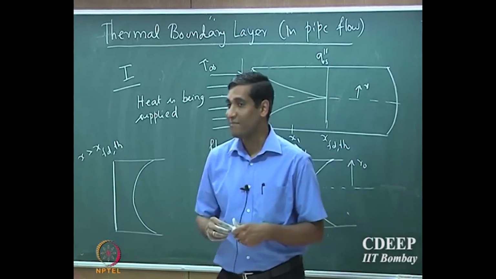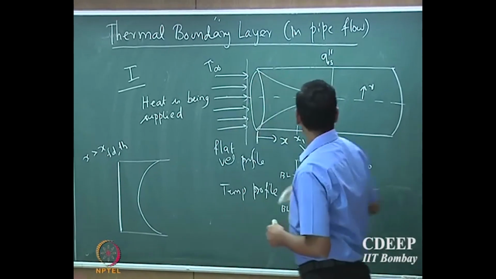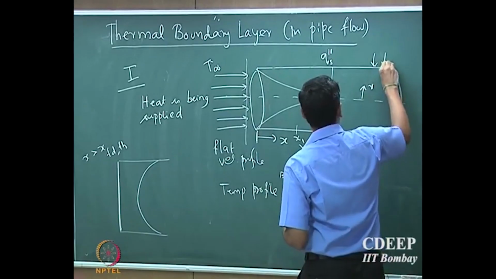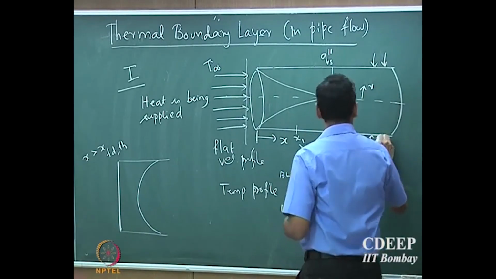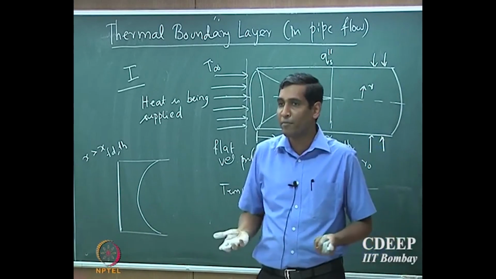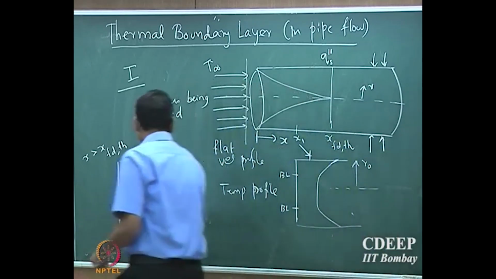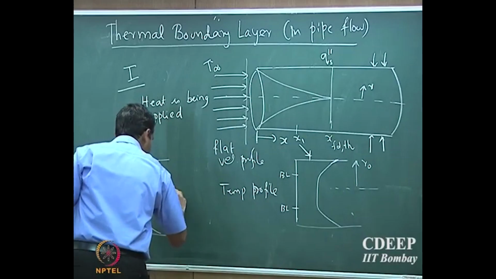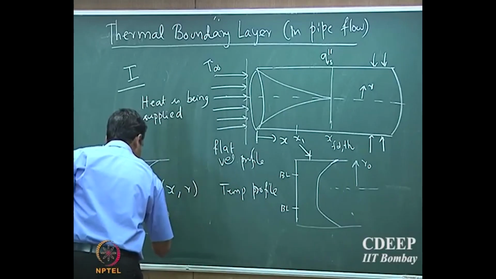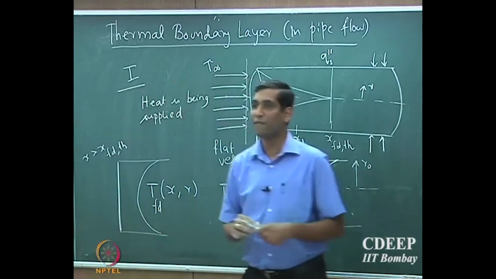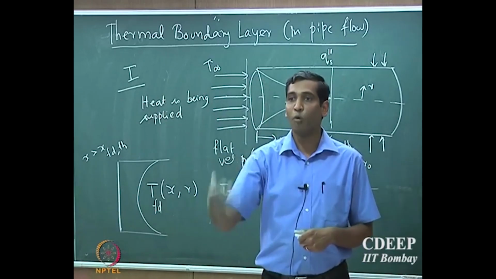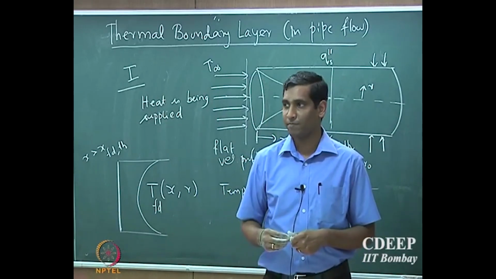Same? No. Even here, you will have heat that is being supplied to the fluid, right? So how can you have the same temperature profile? So the local temperature profile is now going to be a function of both x and r in the fully developed regime, unlike what you saw in the momentum boundary layer.